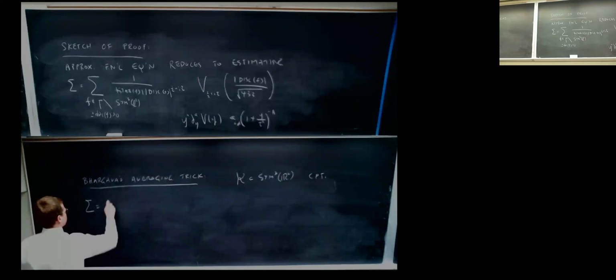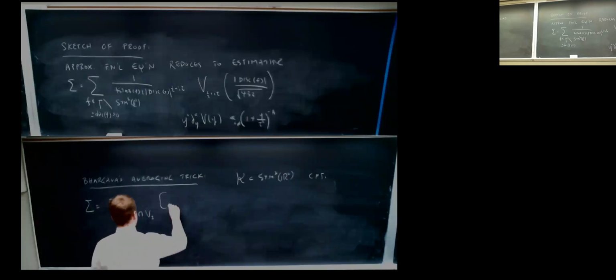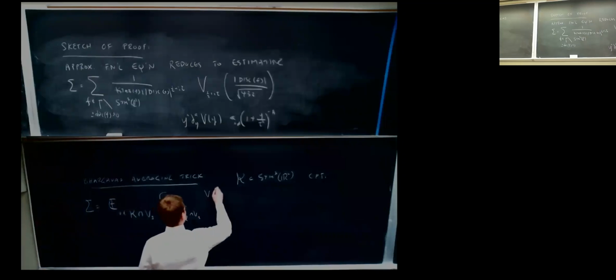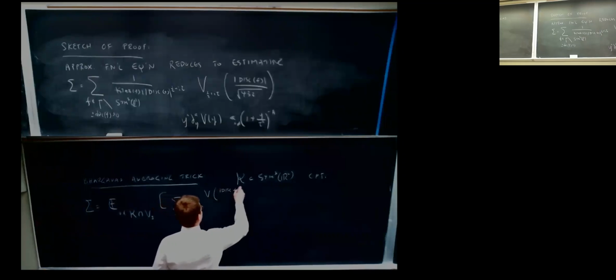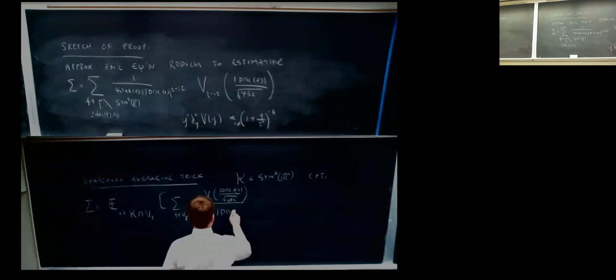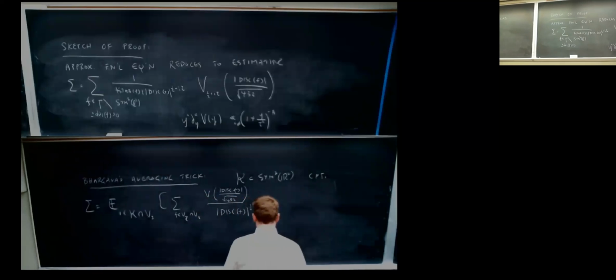So sigma is equal to the expectation with respect to some weight of the locus of the weight, which I'll just hide. And then there's a sum over g dot p equal to F.